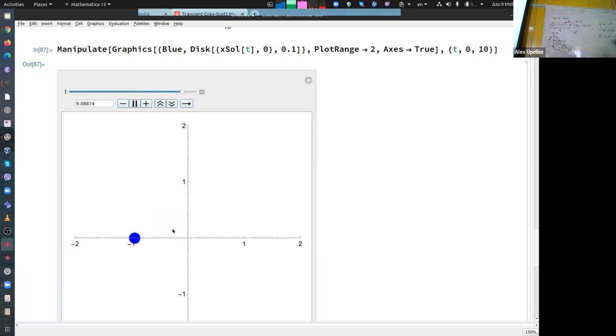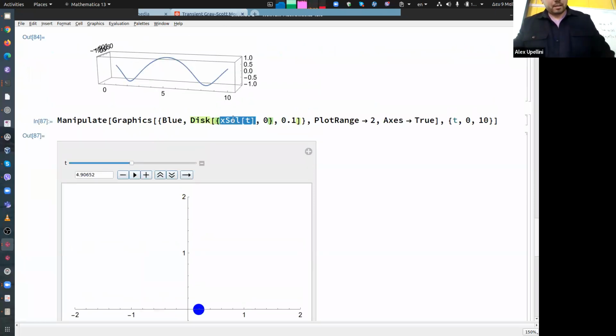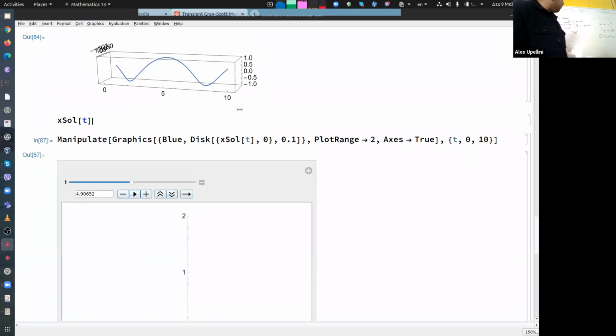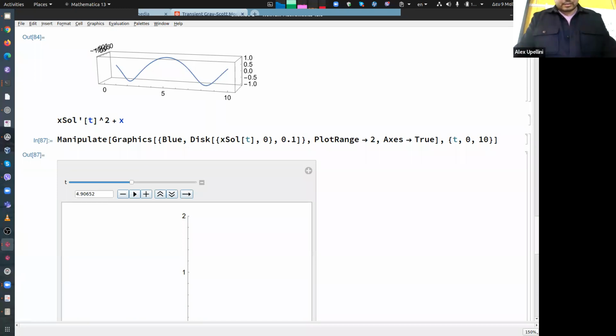So the theorem of conservation of energy says that this function is actually a constant of the movement. So if I take the function x sol of t prime squared, the prime is here and here is a square, plus k was 1, so x sol of t squared. This is a constant function.